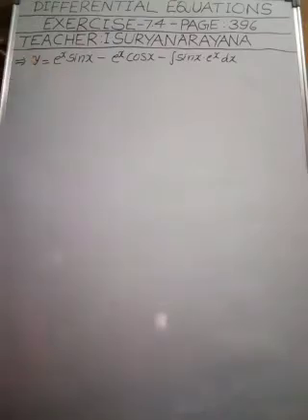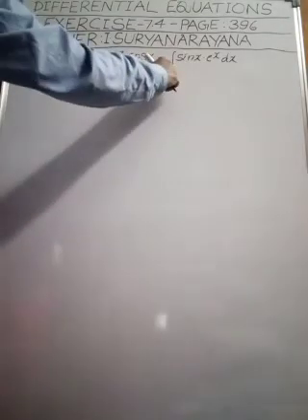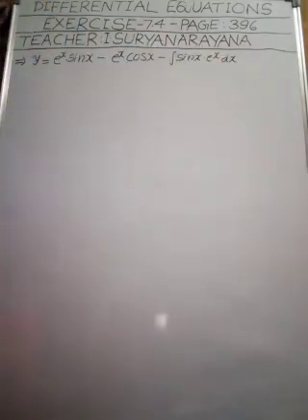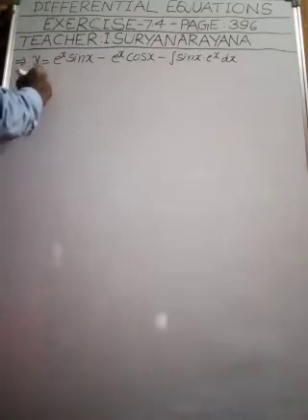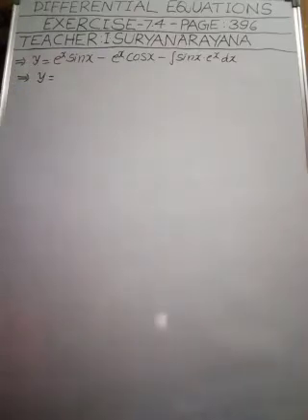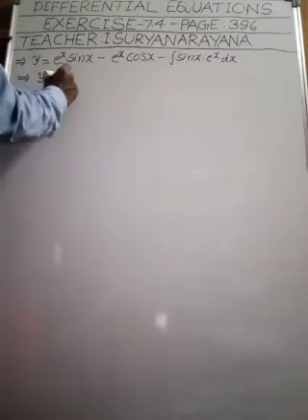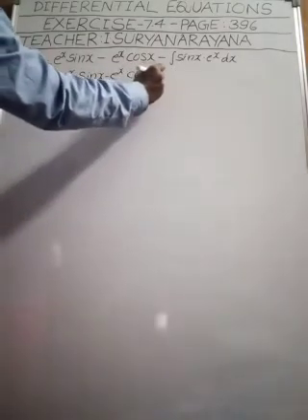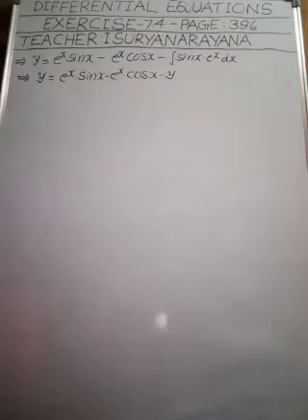Okay, my children? Right. Actually, integral sin x into e power x dx value is nothing but y. Yes or no, my children? Right. This implies y is equal to e power x into sin x minus e power x into cos x minus y. Okay, my children? Understood this one?